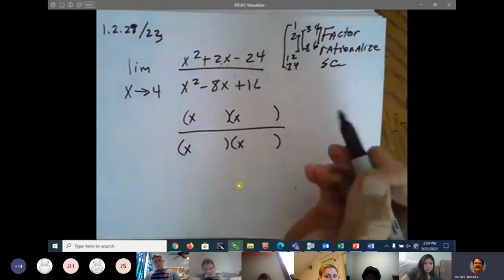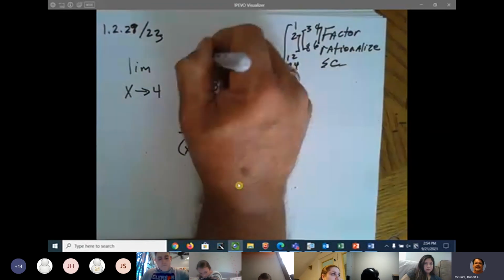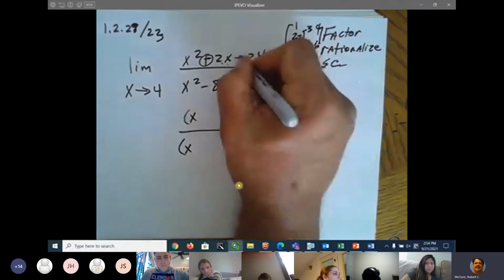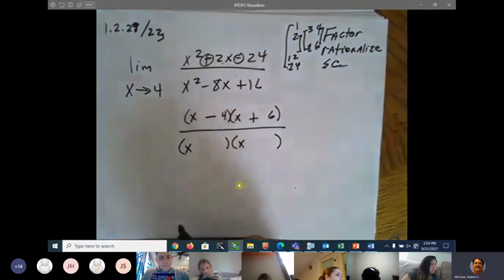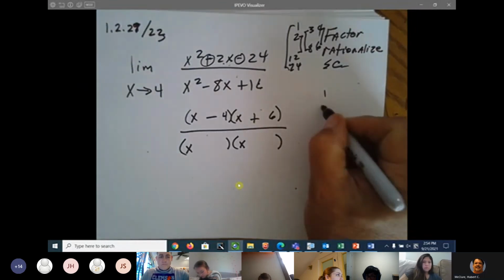We want a 2, so 4 here, 6 here. This means that the biggest number has to be positive. And this means, unlike down here, 1 and 16, 2 and 8.